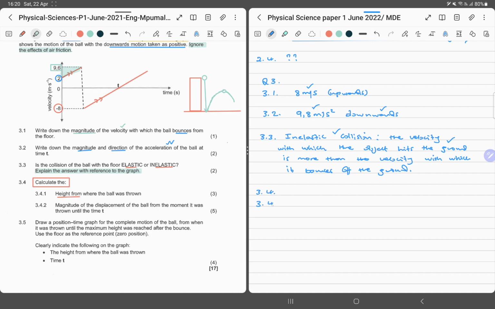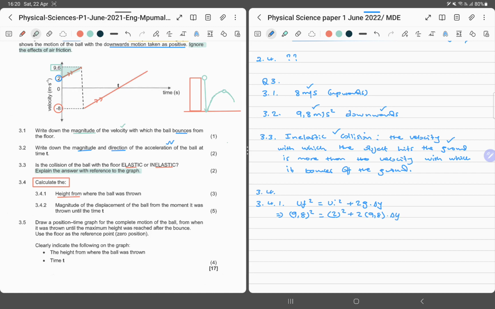So this is 3.4.1. All I know is that the final velocity squared equals initial velocity squared plus 2g delta y, and I know I'm looking for delta y. So the final velocity is 9,6, and remember this is downward, so we took it as positive. Initial velocity was 2, squared, plus 2 into 9,8 delta y.